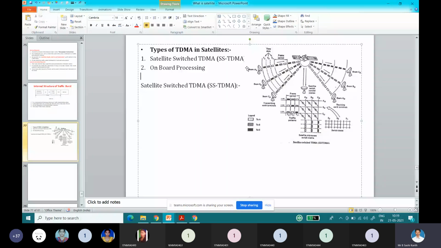So this is your satellite switched TDMA. You can see clearly the satellite which is being shown here.